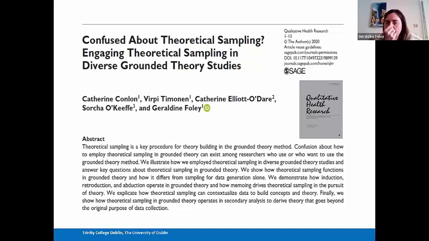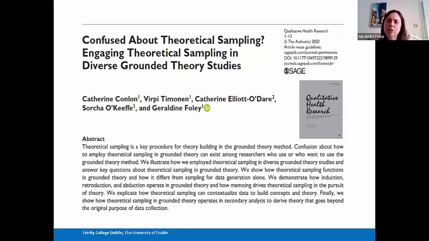There is a bit of a misperception that theoretical sampling is impossible to do or very complex. It's actually not. When you become clear about what you're trying to do, it is a different type. Theoretical sampling, for sure, is very different to purposeful sampling. So we wrote a paper, and we have 5 different sections in it where we give practical examples, 5 different studies where we actually show how we theoretically sampled, and we explain it in really clear terms.